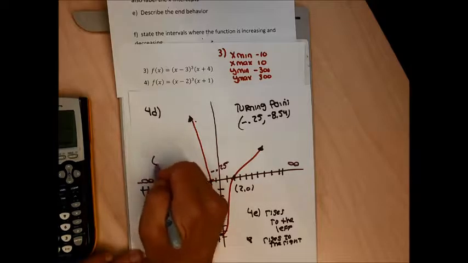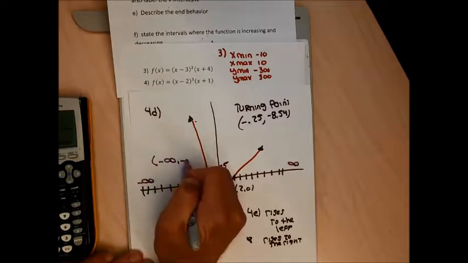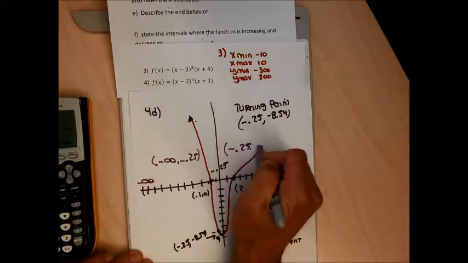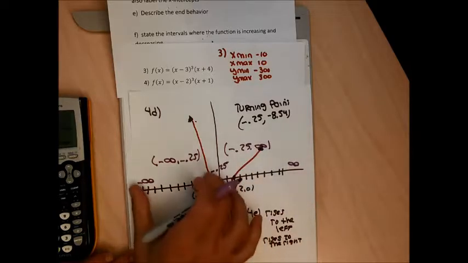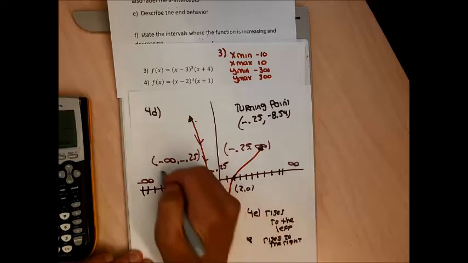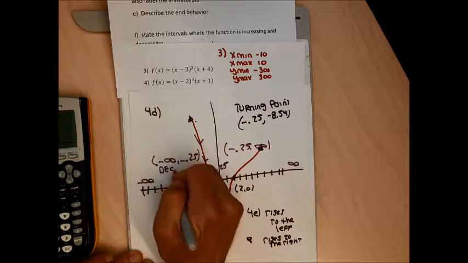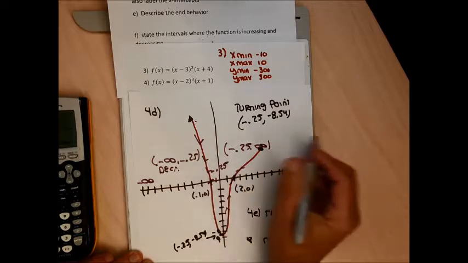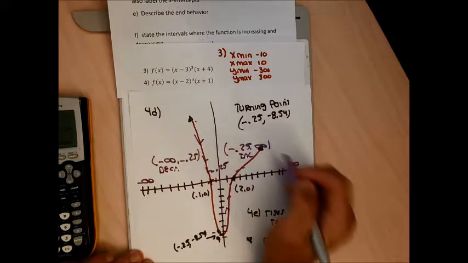That's going to create an interval from negative infinity to negative 0.25, and an interval from negative 0.25 to infinity. In this first interval, as I move from left to right, the graph is getting lower, so this is going to be a decreasing interval. And in the second interval, the graph is kind of meandering higher.